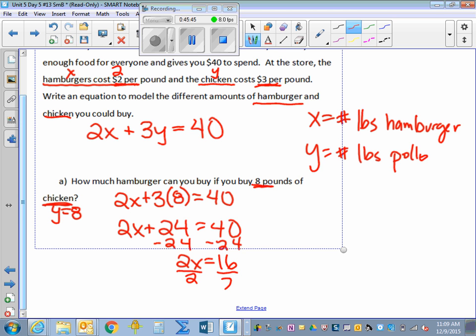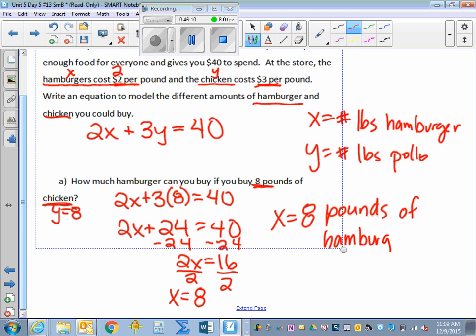Divide by 2, and what do we get? 8. And 8 what? 8 pounds of hamburger.